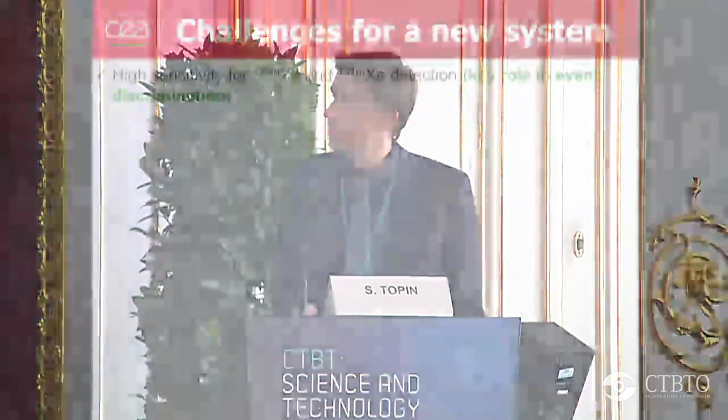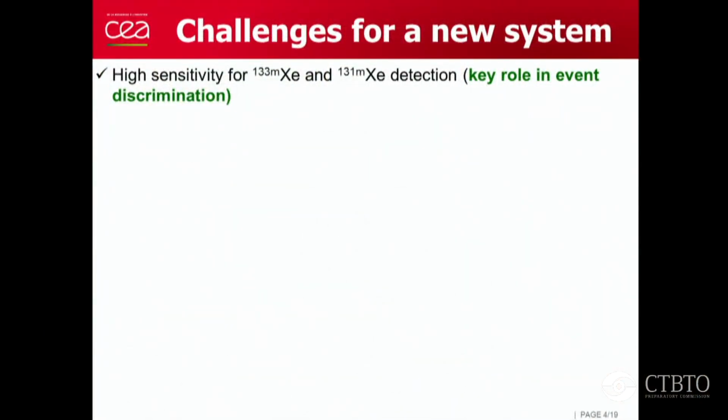So this slide is important for me because I will show you the main challenges for the new generation of system and the aims for why we developed the new system. And the first one was probably to have a high sensitivity for the metastable xenon isotopes.